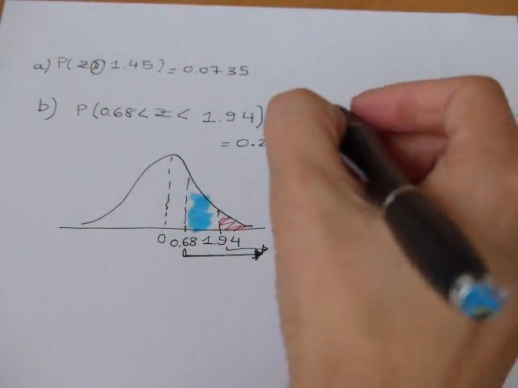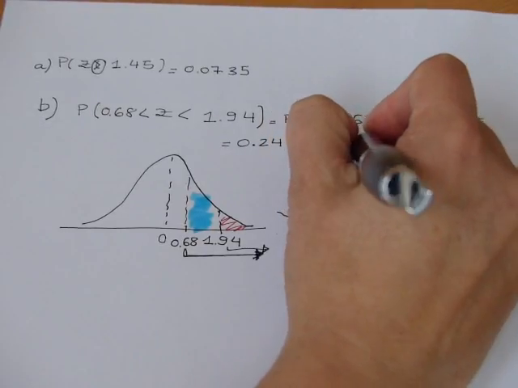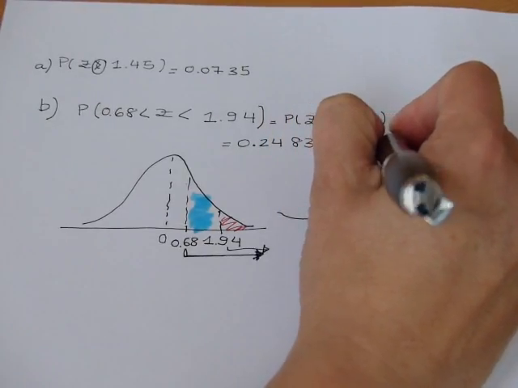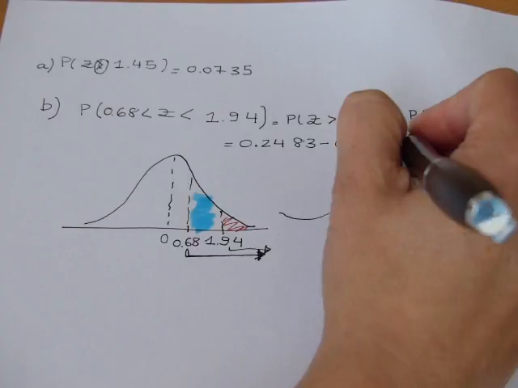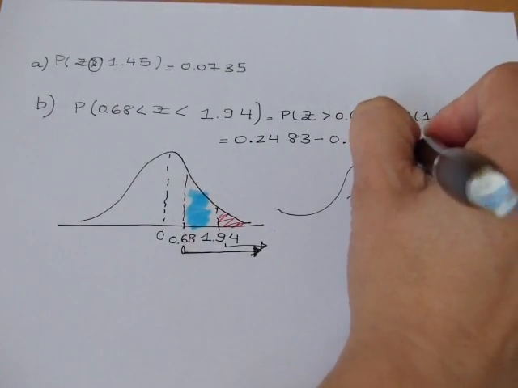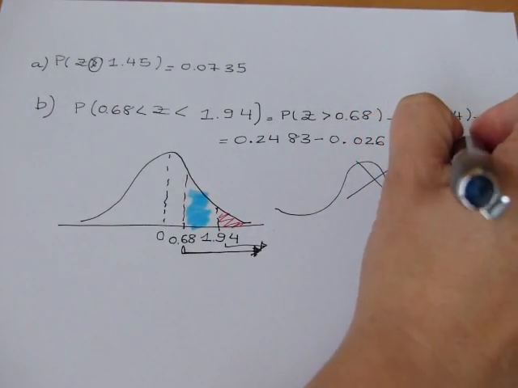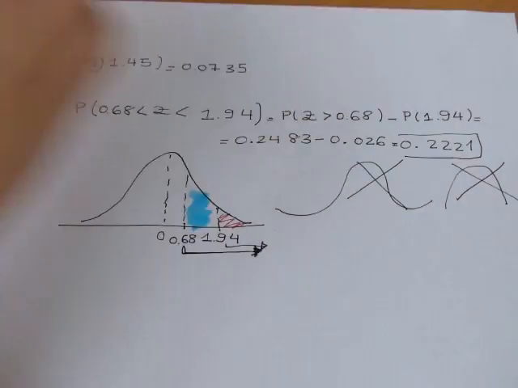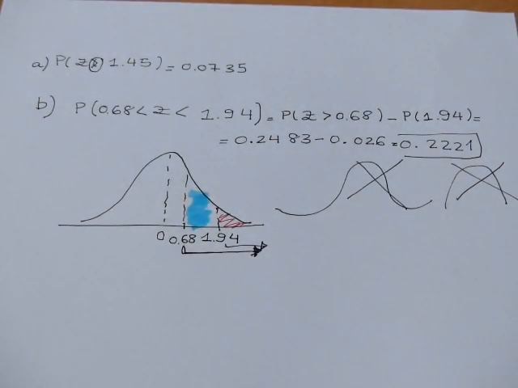So let's write this down: 0.2483 minus 0.0262 would be equal to 0.2221. So that is the result for this exercise.